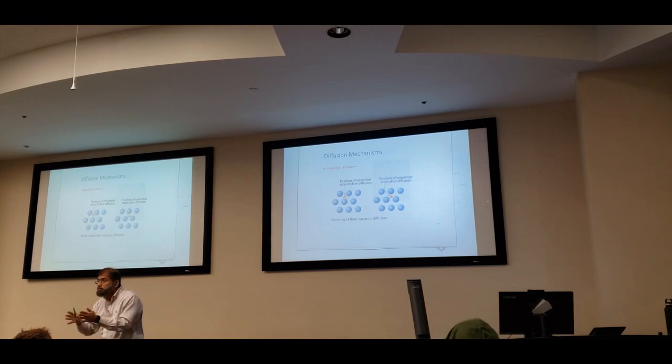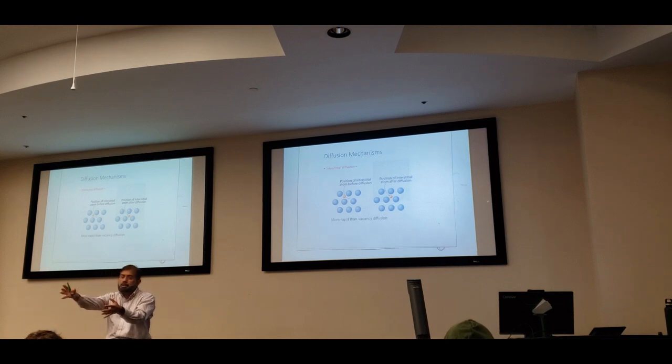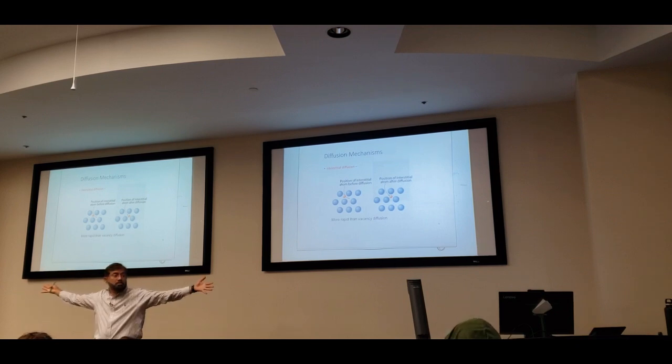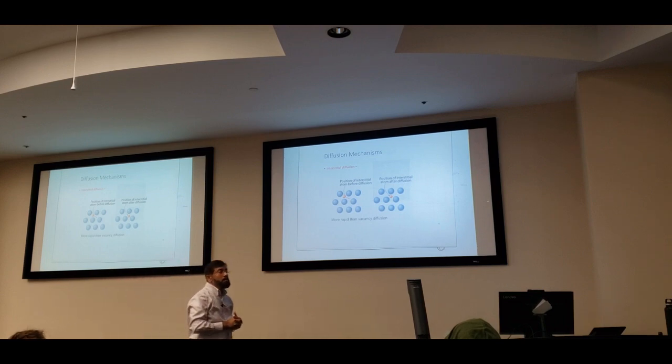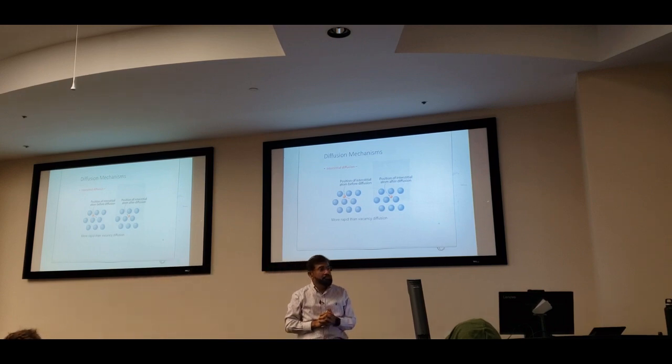That is called interstitial, because there is a small separation between these chairs, and if you can squeeze between these two chairs and move to the space in between, that is called interstitial diffusion.